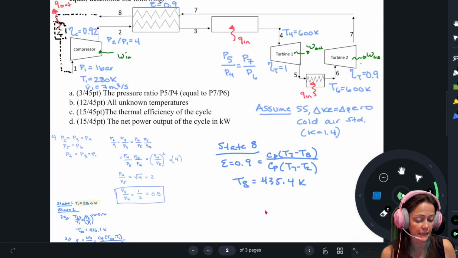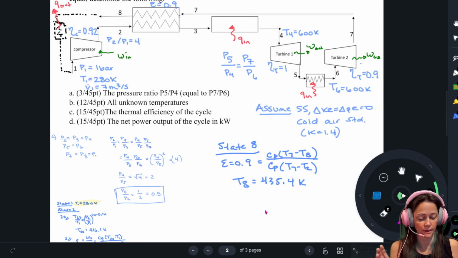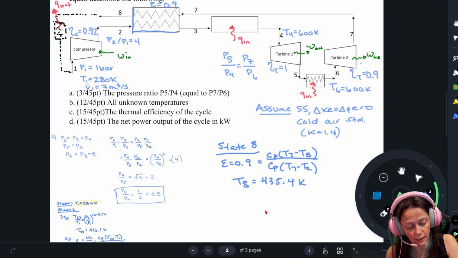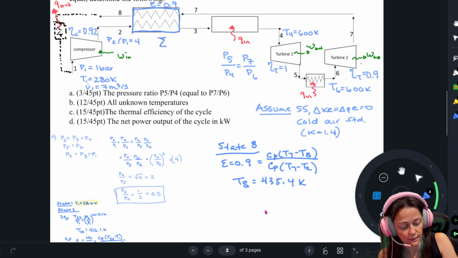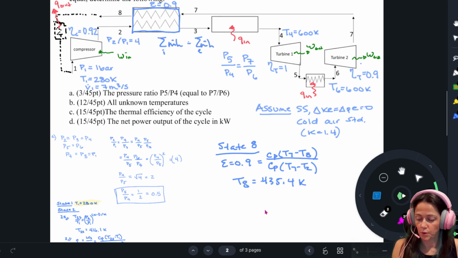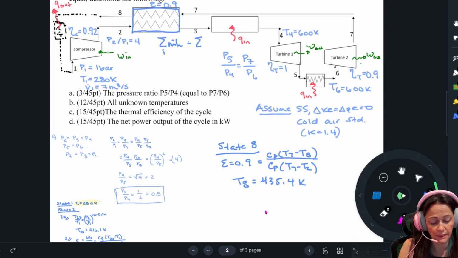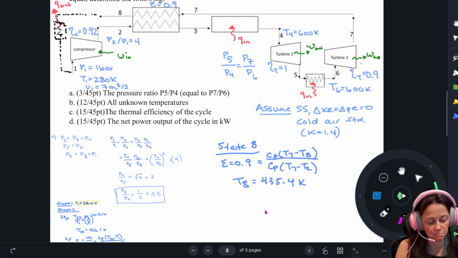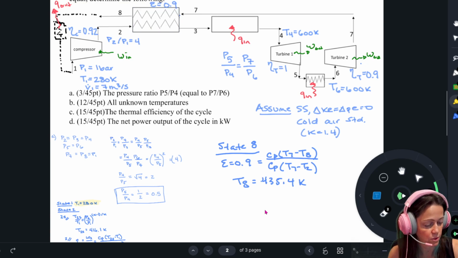Alternatively, you could have applied an energy balance to this whole thing. You would have gotten the sum of the m dot h's going in equals the sum of the m dot h's going out. You could have resolved that in terms of Cp delta T's. The Cp's would have canceled out, and you could have solved for your temperatures that way. So two different options should give you the exact same thing.